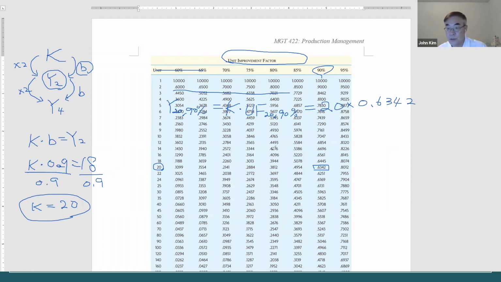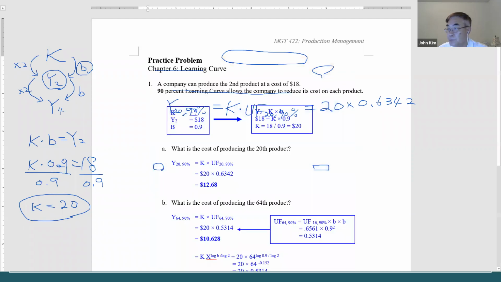I will show you the answer file. This answer file is on Blackboard 2. So 20 times 0.6342 is $12.68. Okay, so far it is easy, right? Okay, next question.